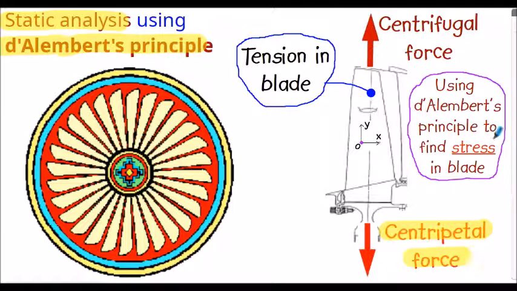If we have body fixed axes here, and we apply our centrifugal force, equal and opposite to the centripetal force, we again have a static situation. We have tension in the blade because of the tensile forces effectively applied in our analysis. So once again, using D'Alembert's principle, we can find the stress in the blade, sometimes referred to as the centrifugal stress.